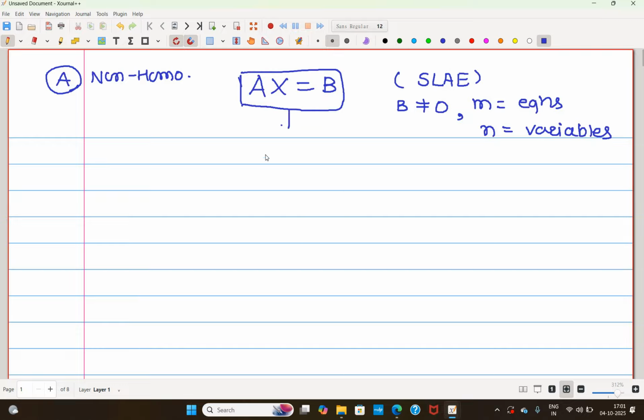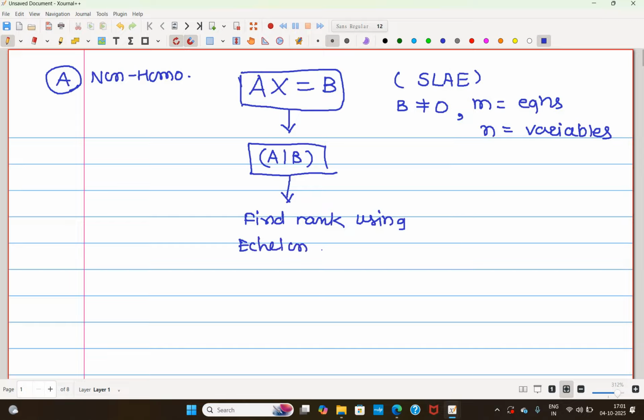Okay? Now next we are going to form the augmented matrix in this way. Correct? Next to that, we are going to find the ranks over here. Right? Find rank using echelon form. Now, when we find the rank using echelon form, this is nothing but our Gauss elimination method to solve the system of linear algebraic equations.